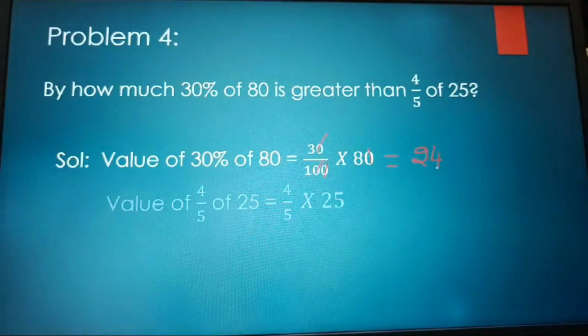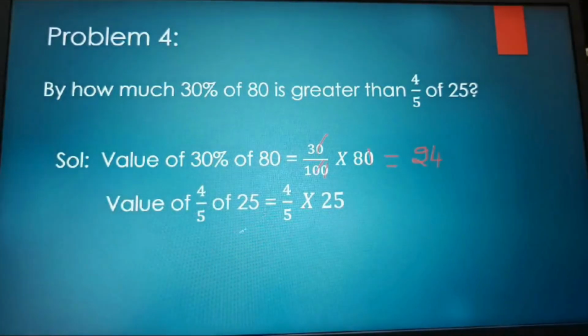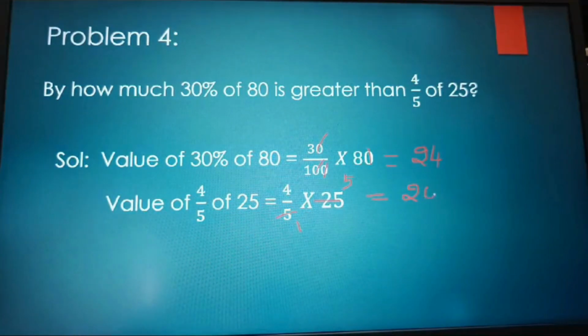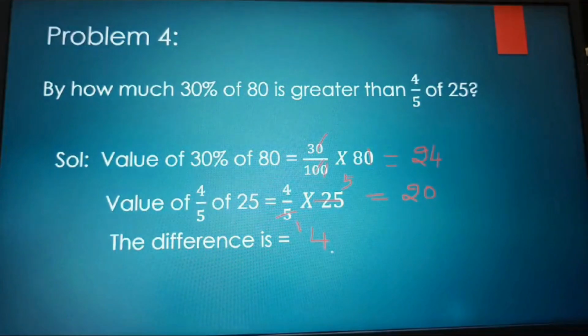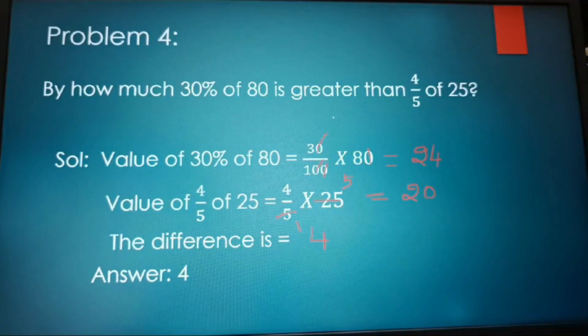So next we find the 4 by 5 of 25. So 5 1s are 5, 5 5s are 25. So 4 into 5, it is 20. So the difference between these two numbers is 4. So the answer is 4. That is, 30% of 80 is greater by 4 than 4 by 5 of 25.